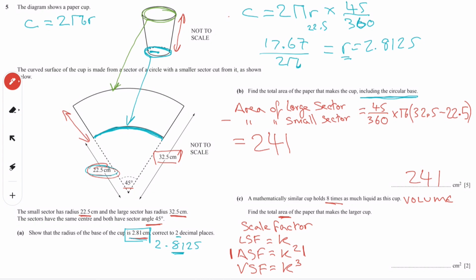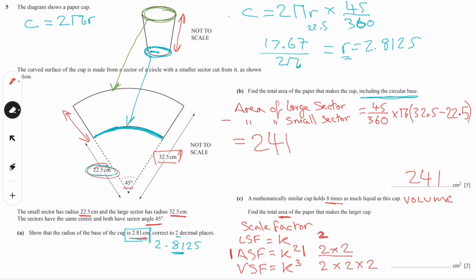So a linear scale factor is just the original value, for example 2, but the area scale factor is 2 times 2, and the volume scale factor is going to be 2 times 2 times 2. So we're going to be using 2 times 2, which is a scale factor of 4.